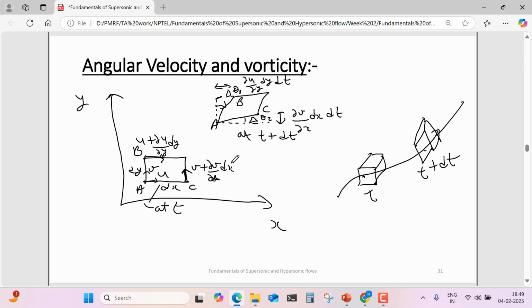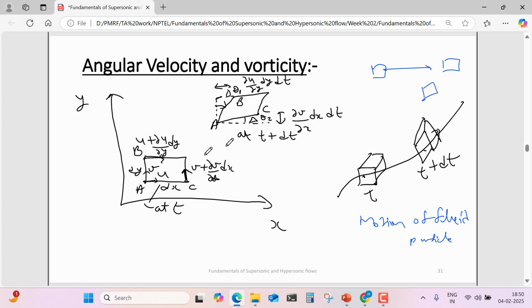it will deform due to this velocity and rotate. Let's say this is a fluid particle, then due to the motion of the fluid particle, it will rotate also, deform also. Generally, a fluid particle does not only translate, it rotates also and deforms also.